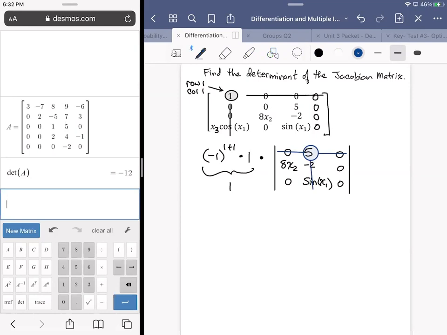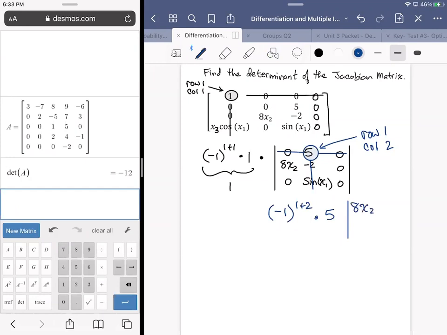So we'd be looking at row 1, column 2. So you'd be looking at negative 1 to the 1 plus 2 times the 5, and you'll see at this point that it's all going to zero out. But like I said, it's practice with a skill.